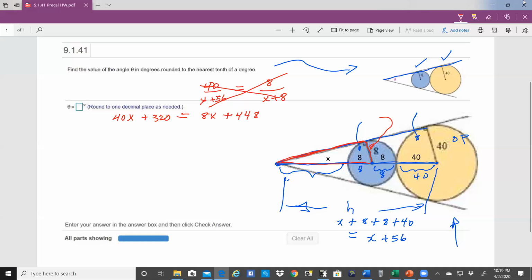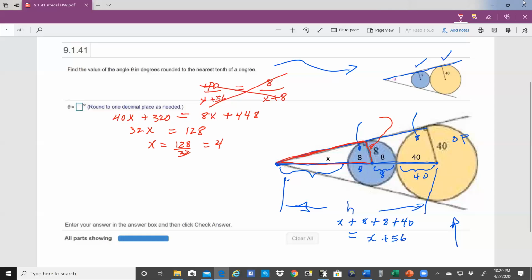Now we have a very simple linear equation to solve. Subtracting 8x from each side, we get 32x equals 448 minus 320, which is 128. And now you get x is equal to 128 over 32, and x is equal to 4.